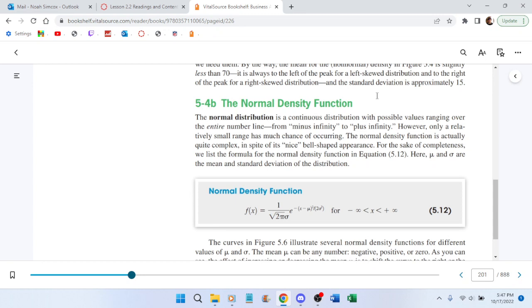It's very complicated. Hey, guess what that means? They say for the sake of completeness, that means it's not going to be on the test.